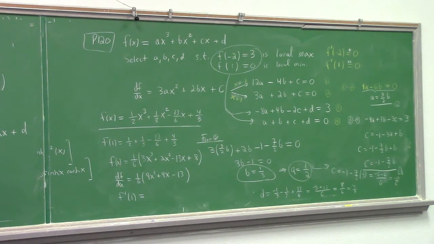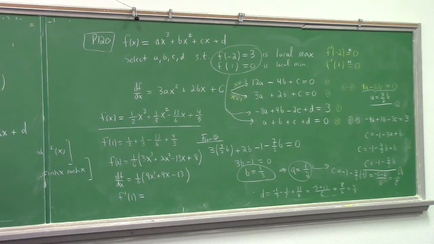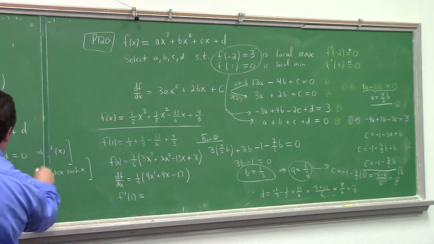So f of 1 is 0, but it's also lambda over 3 plus lambda over 2 minus 2 lambda plus d. And f of minus 2 is 3. So that's minus 8 lambda over 3 plus 2 lambda plus 4 lambda plus d equal to not 0 but 3, right?